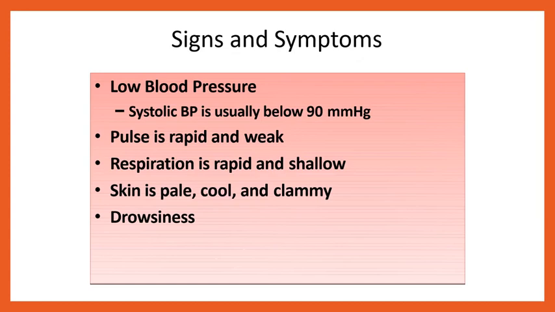Most commonly you will see these shock patients in a traumatized area or accident area. So rapid, weak pulse, rapid and shallow breathing, skin which is pale, cool and clammy, and drowsy condition of the subject. So these are the most common signs and symptoms.